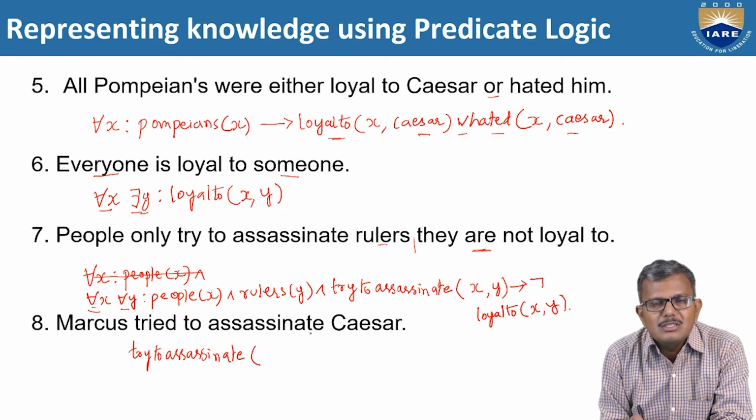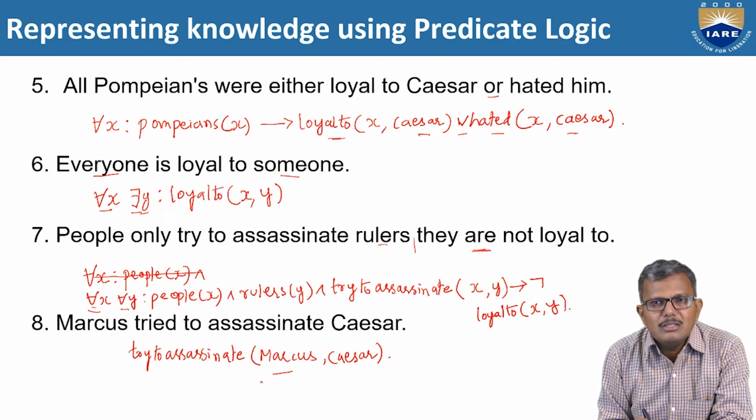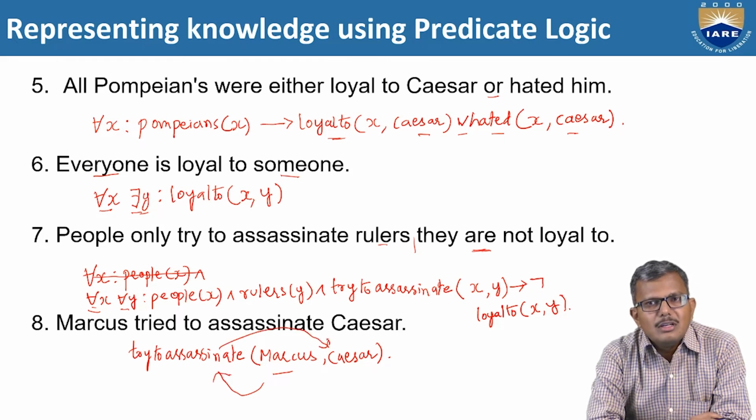Marcus is trying to assassinate Caesar. So I will write Marcus and Caesar. So the way of understanding will be like this: Marcus is trying to assassinate Caesar. Like this we need to understand.